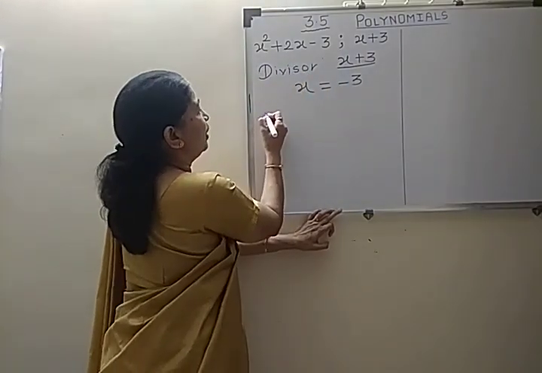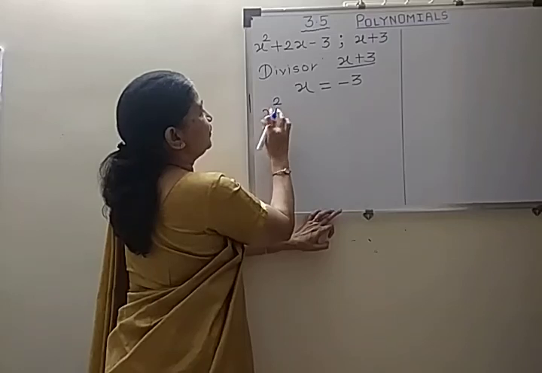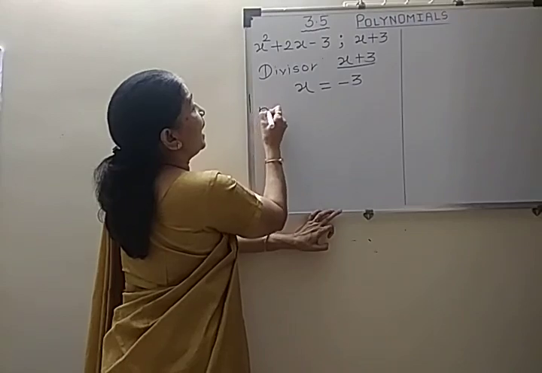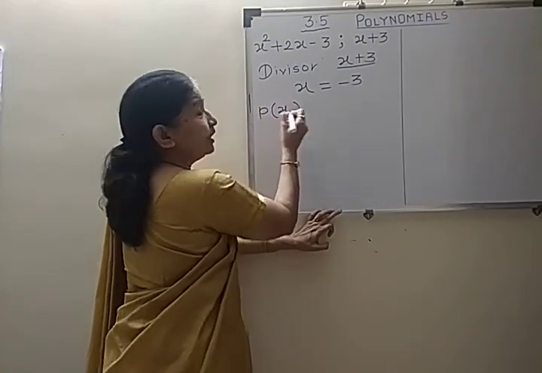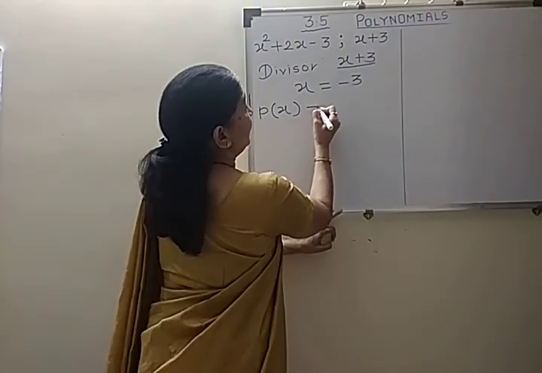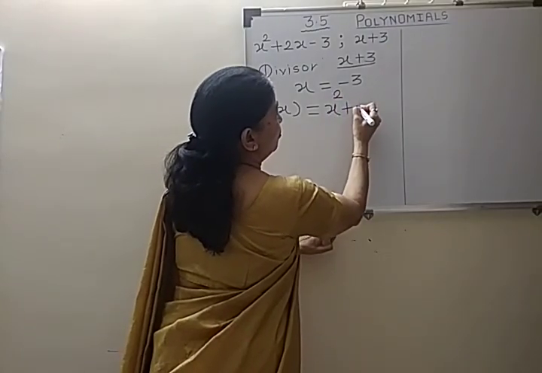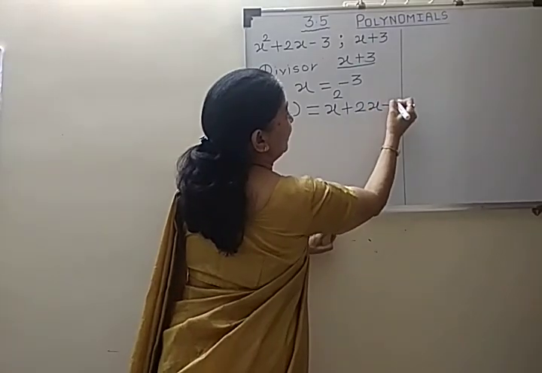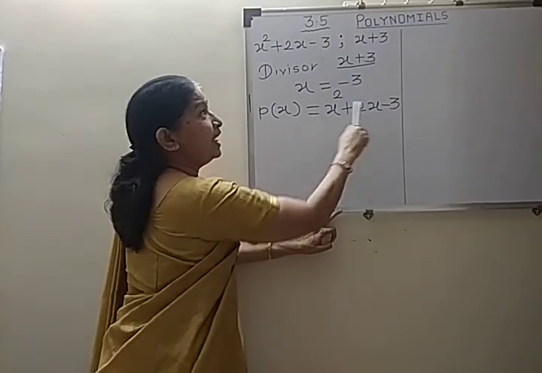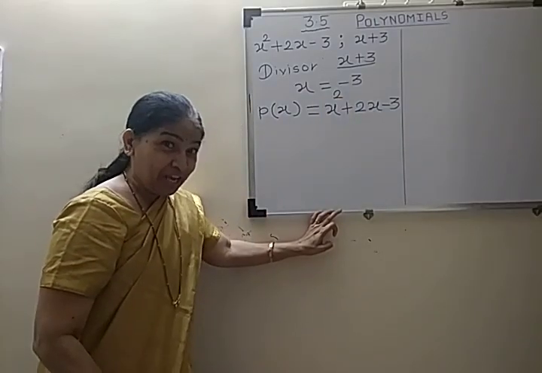Let us write this as p(x), a polynomial with variable x. p(x) is equal to x square plus 2x minus 3.